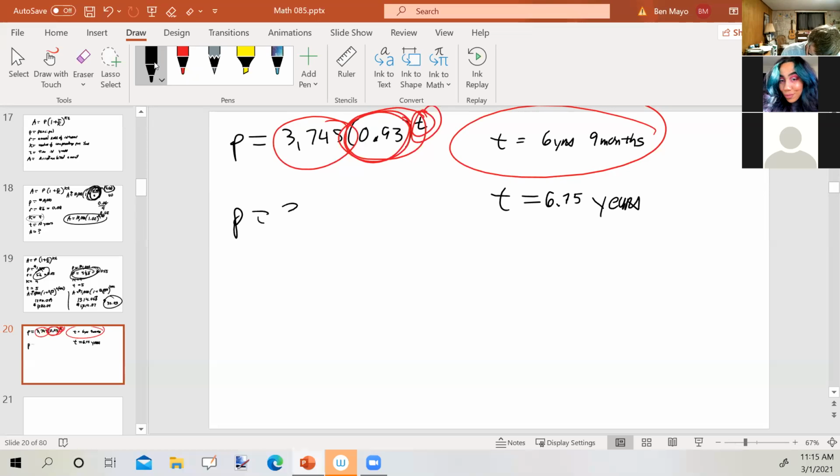So let's see what we get if we raise that to the 6.75 power. Is it going to be bigger or smaller than our starting value? It's going to be significantly smaller, right? Good.